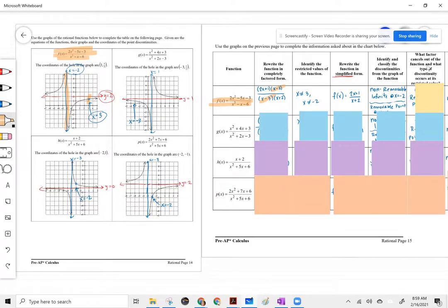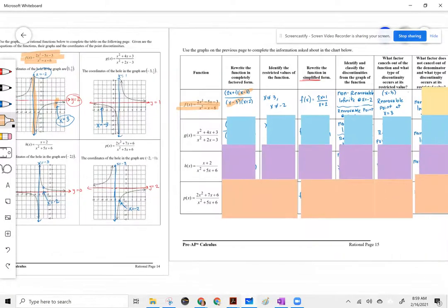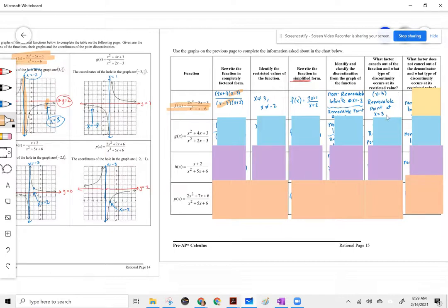It also asks what factor cancels out of the function and what type of discontinuity occurs at that restricted value. So x minus 3 is that removable point, and it happens at x equals 3. And it asks what factor does not cancel out of the denominator.